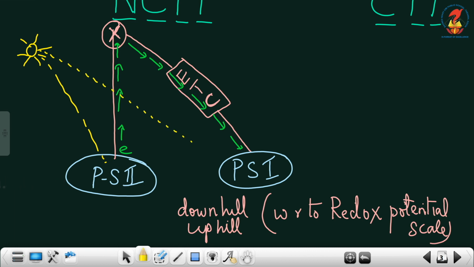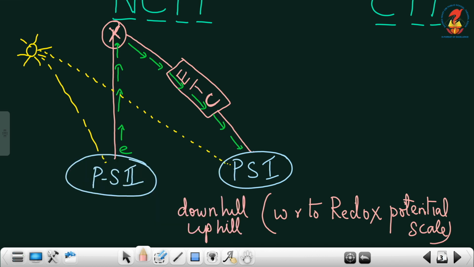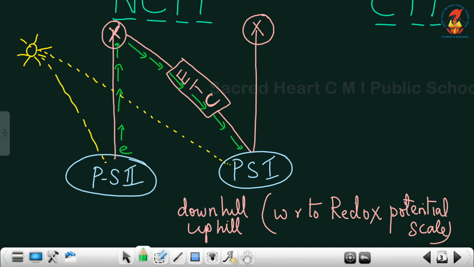The sun's rays are illuminating photosystem 2 at the same time, and therefore an electron is emitted from photosystem 2 also, which travels uphill to another electron acceptor X. So, an electron is lost from photosystem 1, but that lost electron is compensated by the electron coming from photosystem 2.